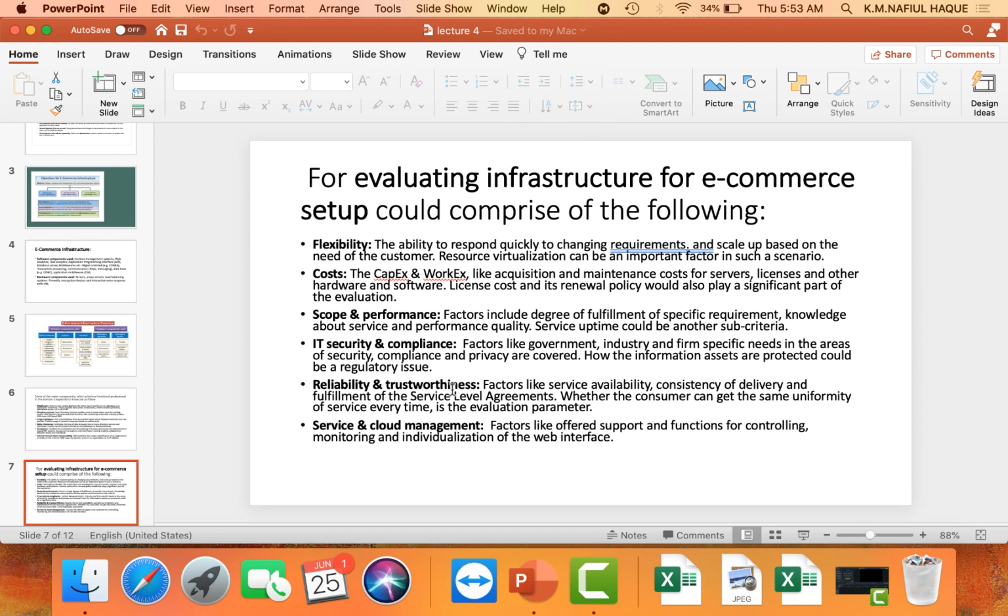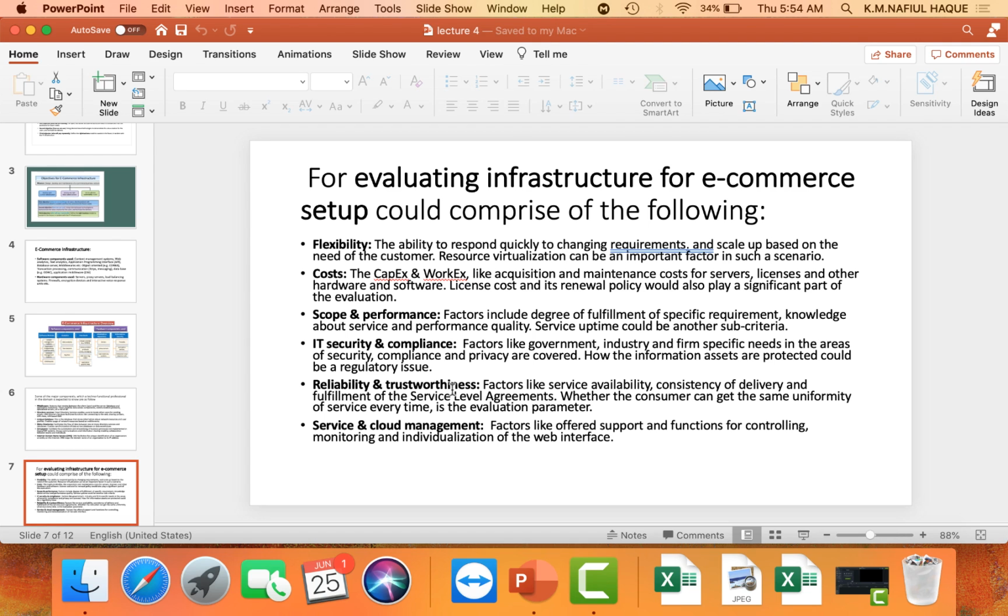Costs are also another most important component. There are a couple of components here. Number one is capital expenditures, and another one is operating expenditures. These are components we borrowed from accounting.